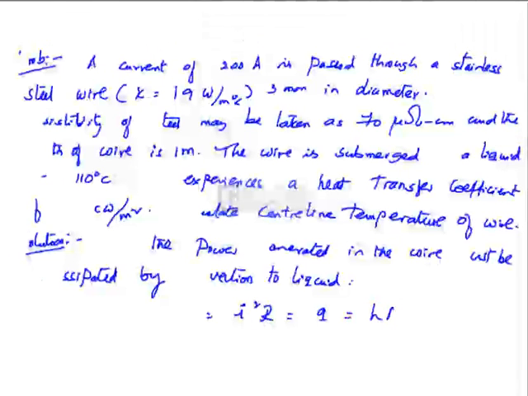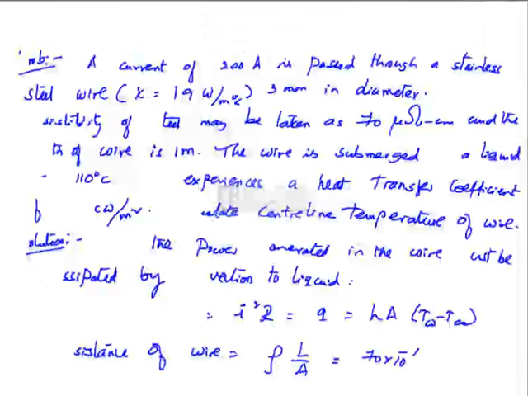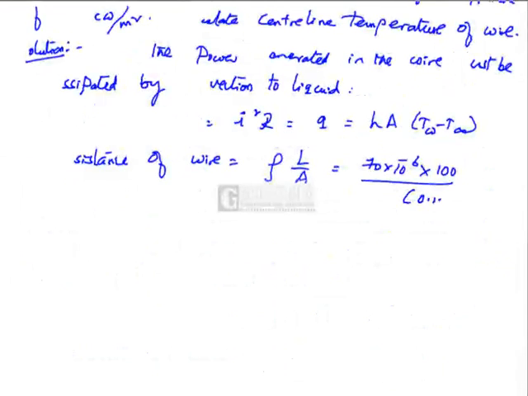That must be equal to hA into (TW minus T infinity). Let us calculate the electric resistance of the wire first of all. That is rho L by A, where rho is the resistivity: 70 into 10 power minus 6, length is 100 centimeters, divided by pi r², that is 0.15 whole square. This becomes 0.099 ohms. That is the electric resistance.